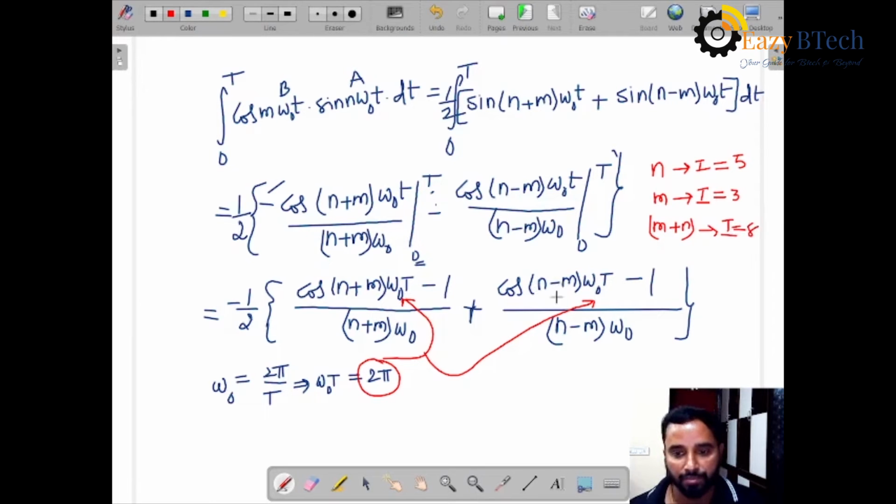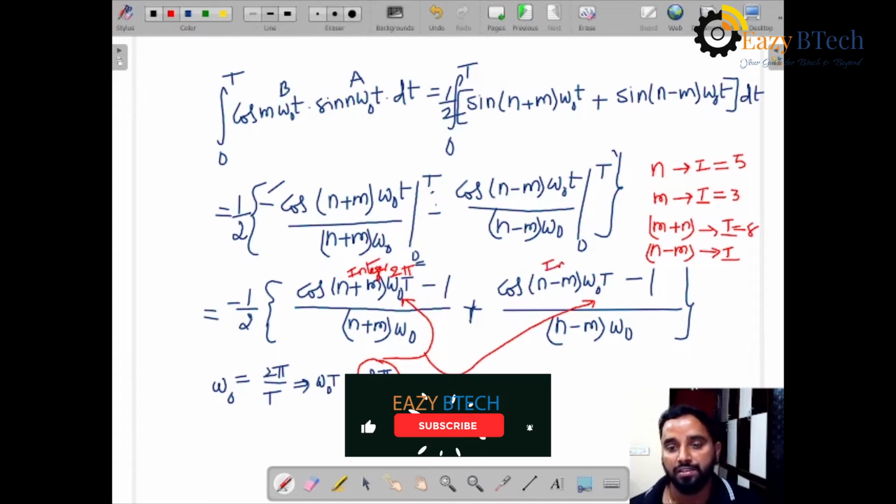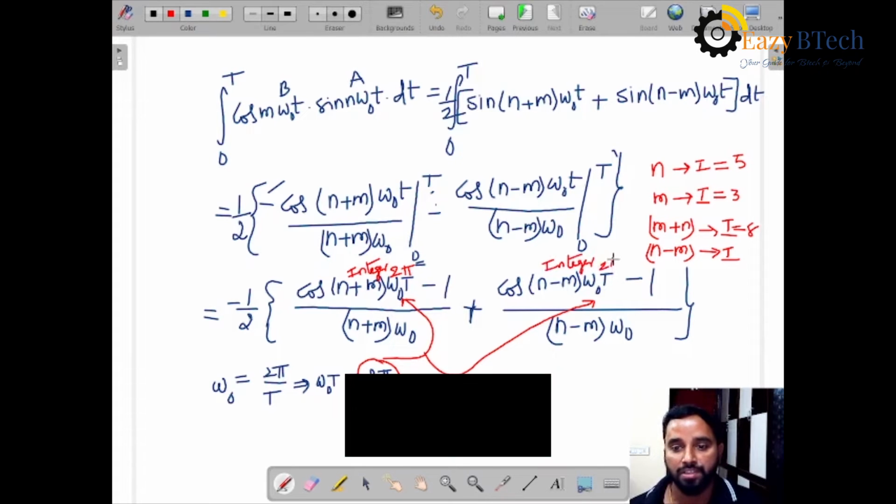Similarly n minus m, 5 minus 3, integer. Are you following, right? n minus m is also an integer. Now here we have 2 pi and here we have an integer value. Again here also an integer and here we have 2 pi in the place of omega naught T.